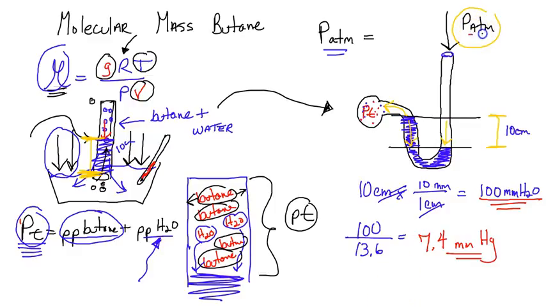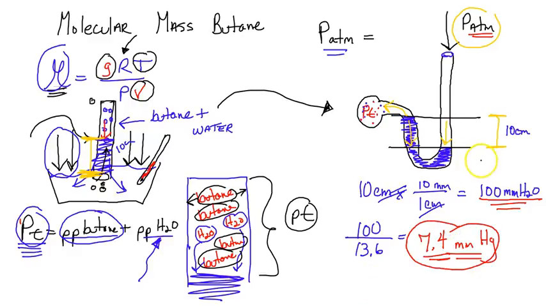Well, the atmospheric pressure is supporting this much water, so it's pushing back the pressure and moving 7.4 millimeters of mercury. So we can say that the atmospheric pressure is winning by this much.